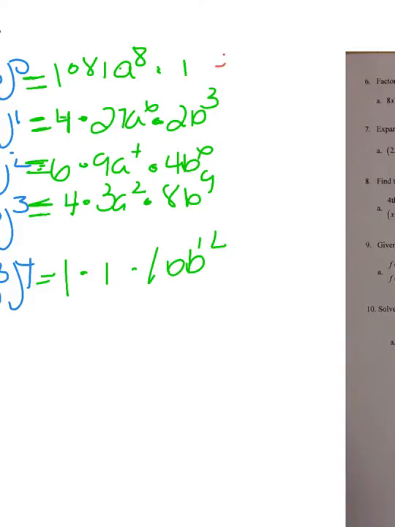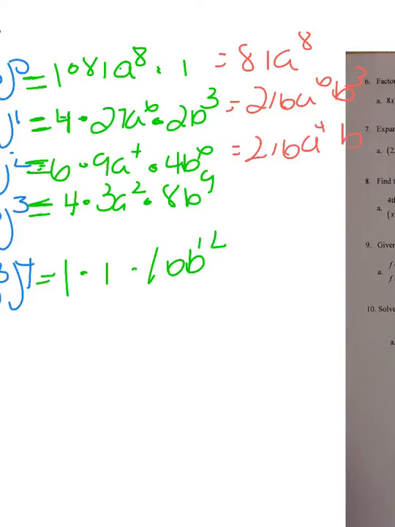So this is 81a to the 8th. And then I have 216a to the 6th, b to the 3rd, 216a to the 4th, b to the 6th, 96a squared, b to the 9th, and 16b to the 12th.